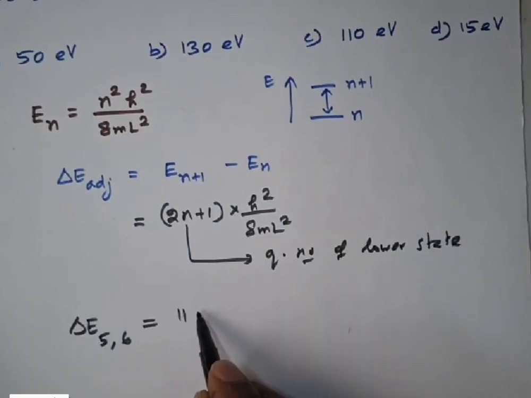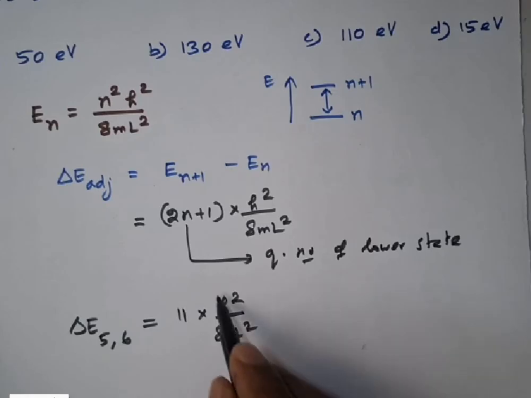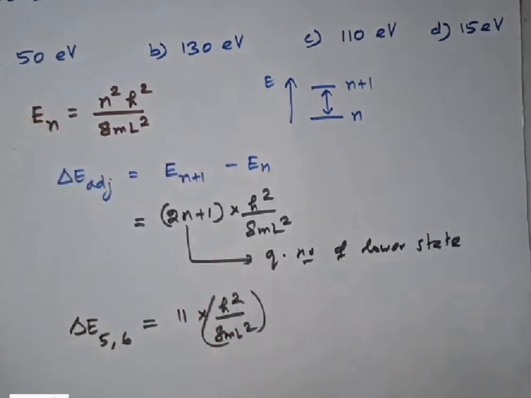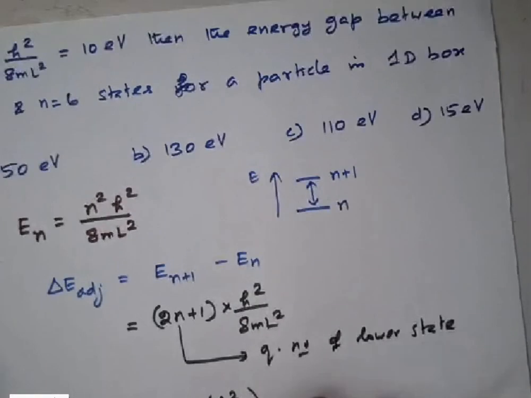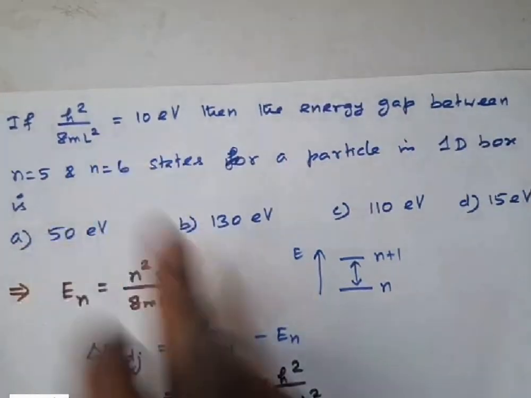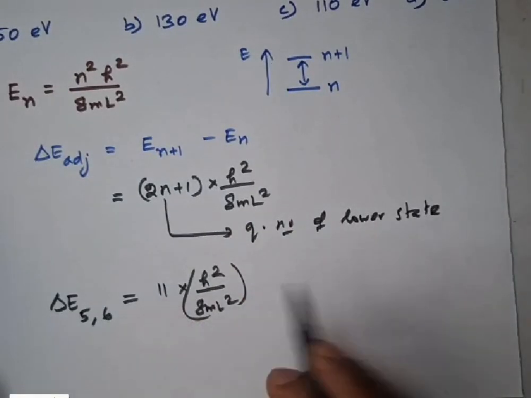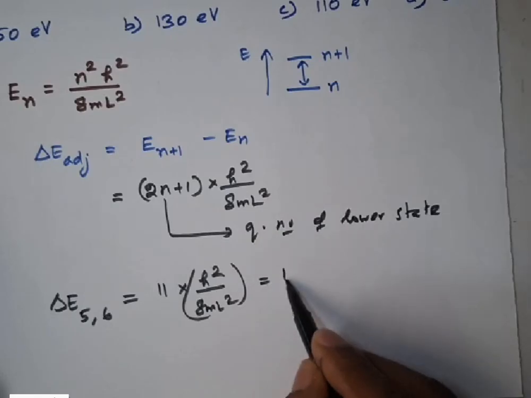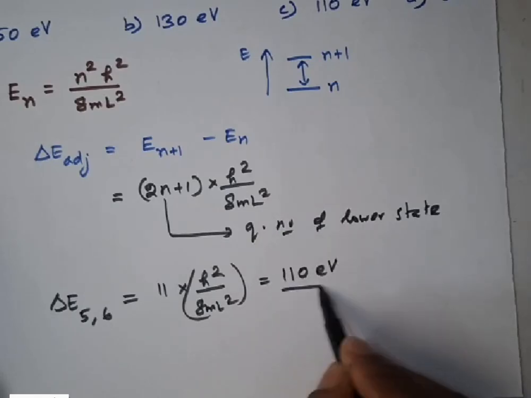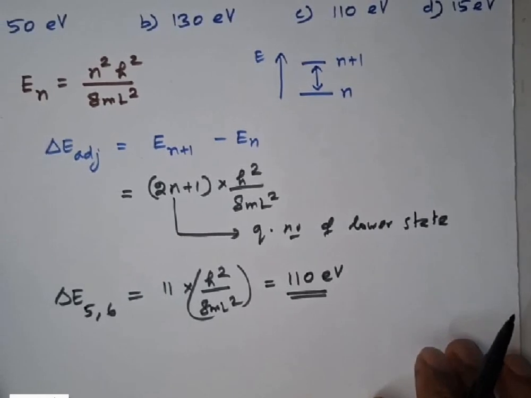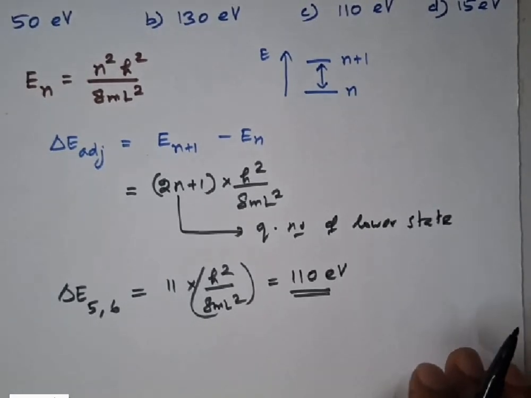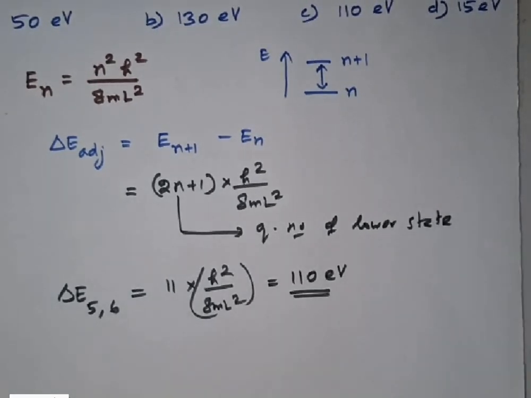So 11 times h square by 8ml square. And the value of h square by 8ml square is given in the problem as 10 electron volt. So 10 into 11 will give you 110 electron volt. So this is the energy gap between the n equal to 5 state and the n equal to 6 state for a particle in a 1D box.